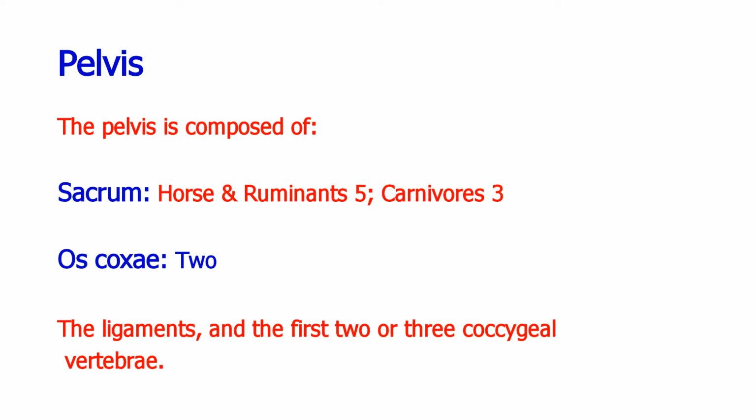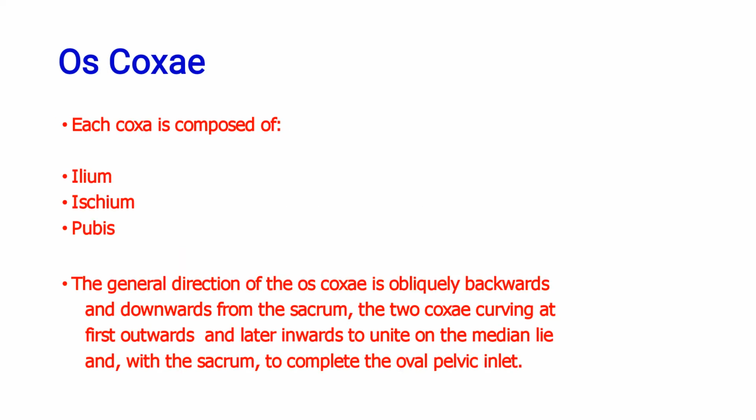There are 2 os coxae which are joined together to form the pelvis. Each coxa is composed of ilium, ischium and pubis. The general direction of os coxae is obliquely backward and downward from the sacrum.